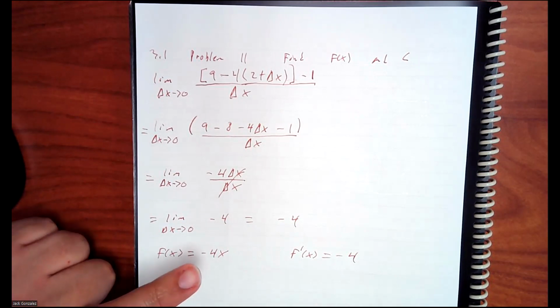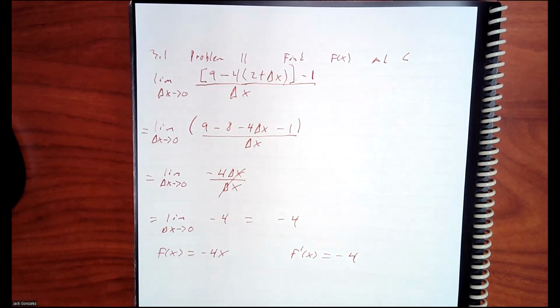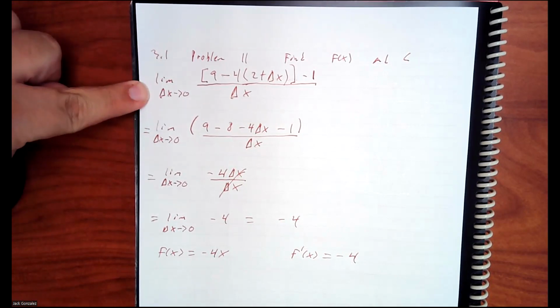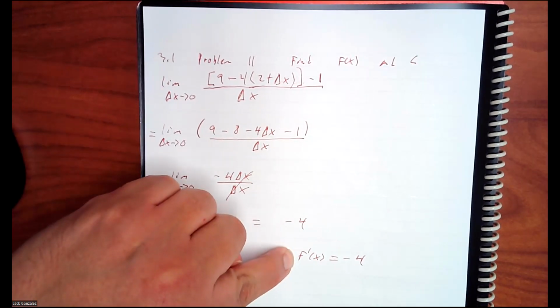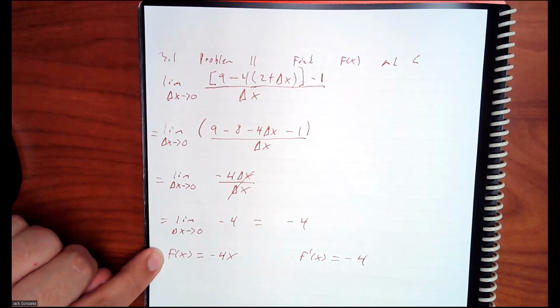That's what I'm understanding, so I'm working backwards. They told me that this was the derivative in your problem. So we found it, which means f prime is that. This would have to be f.